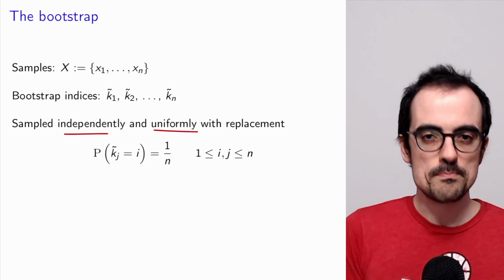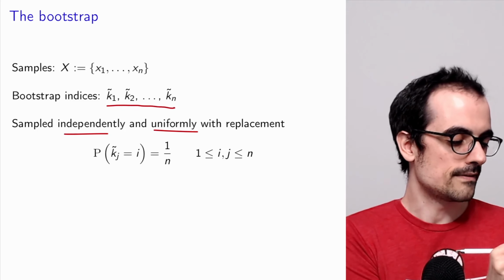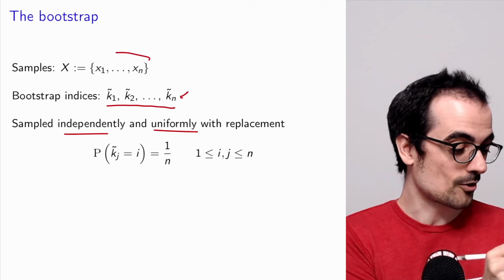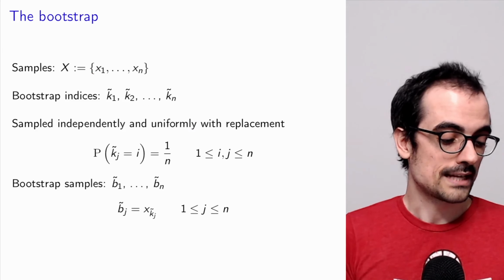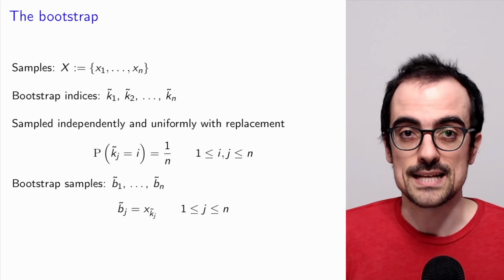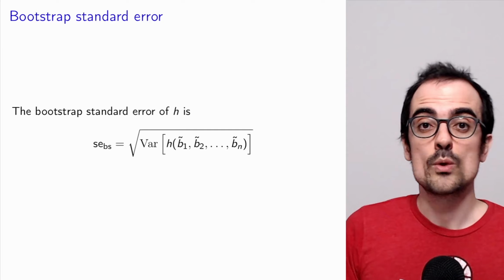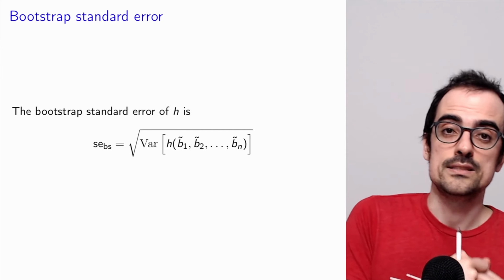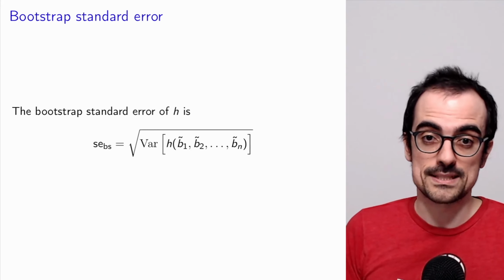So here we're going to build many batches of little n samples by sampling from our data uniformly and independently at random. Okay, we call these samples bootstrap samples. What do we do with those bootstrap samples? We compute the standard deviation of the estimator computed from the bootstrap samples.